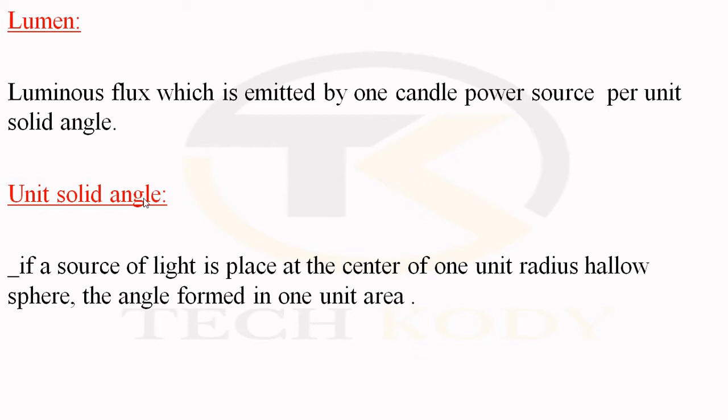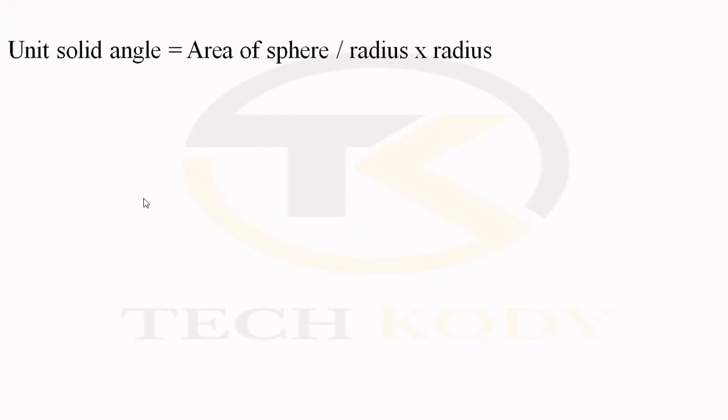The symbol of unit solid angle is omega. The formula of solid angle is area of sphere by radius into radius, that is omega is equal to 4 pi r square by r square, which is also called omega is equal to 4 pi steradian.